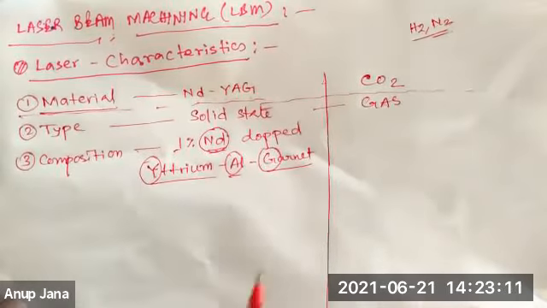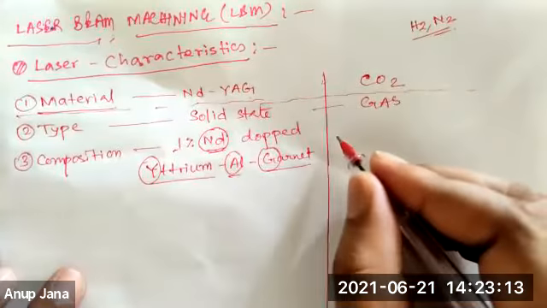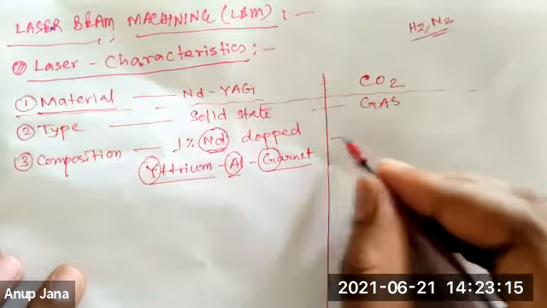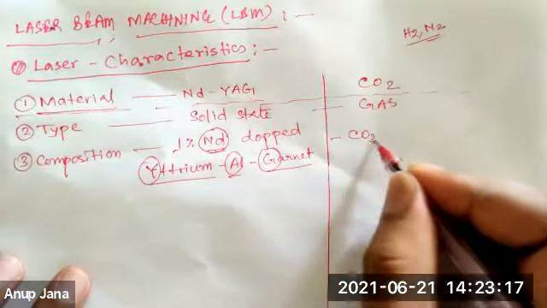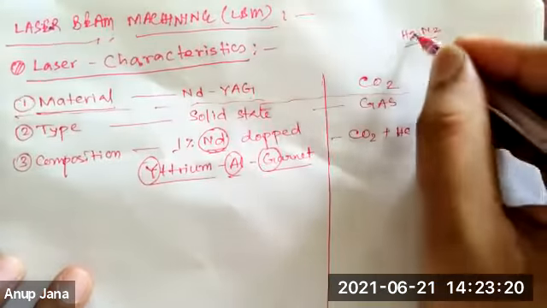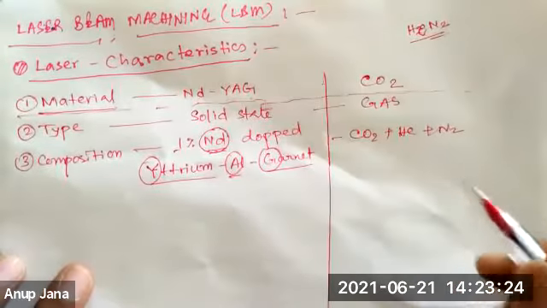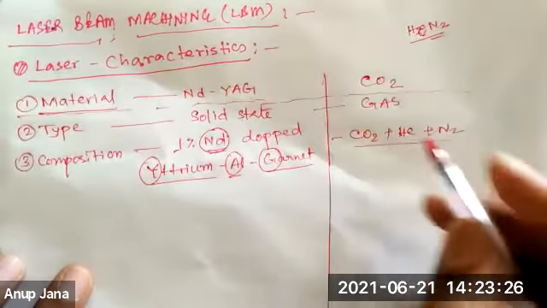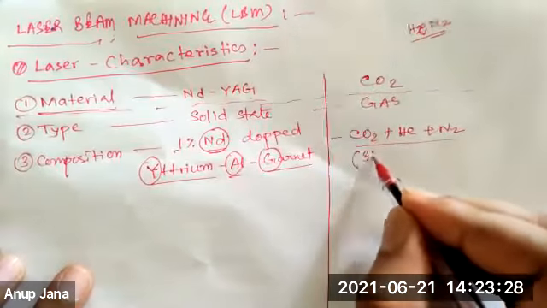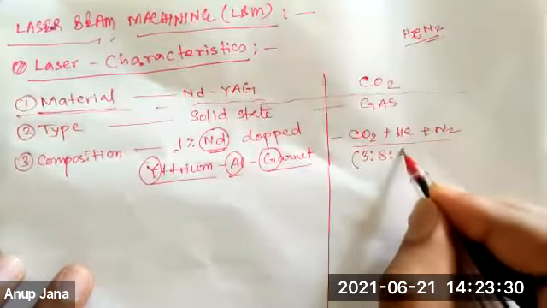And in case of CO2, you know very well, we generally use the combination of CO2, then helium, not hydrogen, helium generally, and nitrogen, as I said. These will be mixed at 3:8:4 ratio.